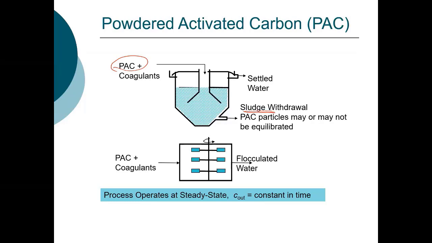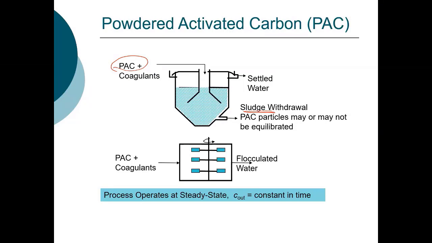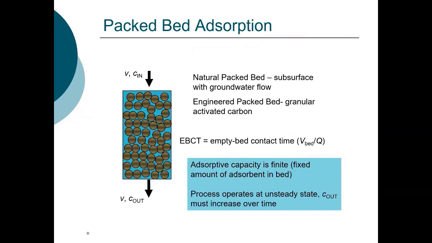And shown similarly here, those particles, powdered activated carbon, is flocculated and then ends up in the sedimentation. What we're doing is, you can think of this as a soil system.